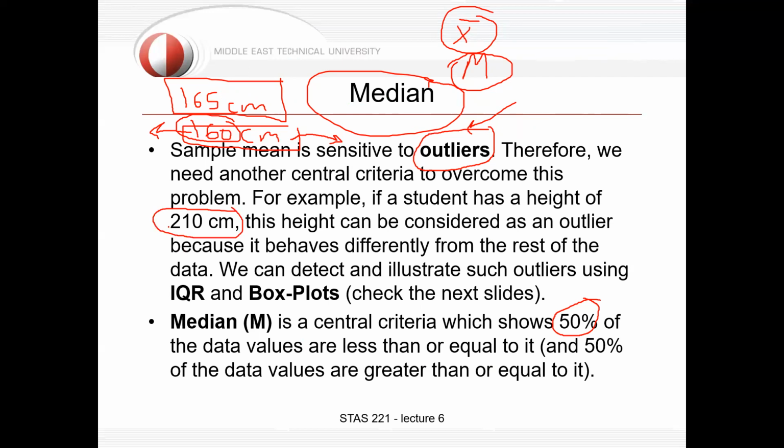Then because of this student, you can see the mean of the sample was greater than the median. So both of them are nice to know about. That's why whenever you have a data set, it's nice to calculate both of them in order to have better understanding about your data set. It's not like one of them is useless, the other one is more useful. Both of them can be useful at the same time.